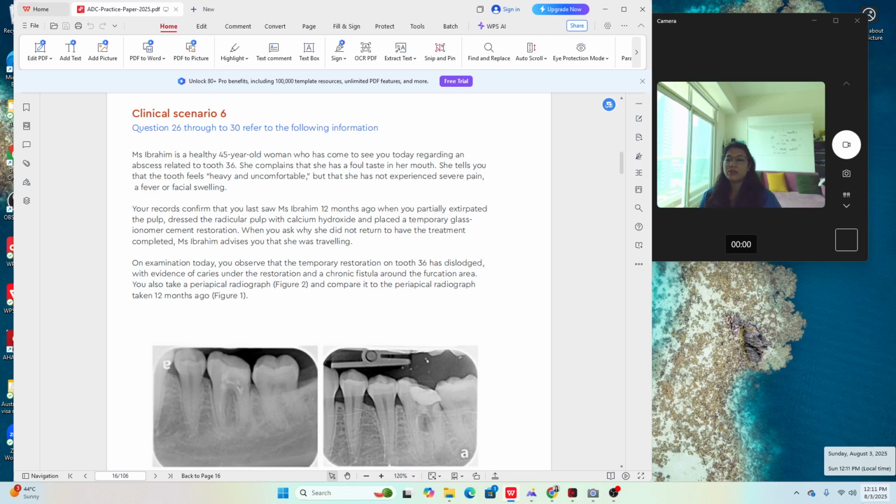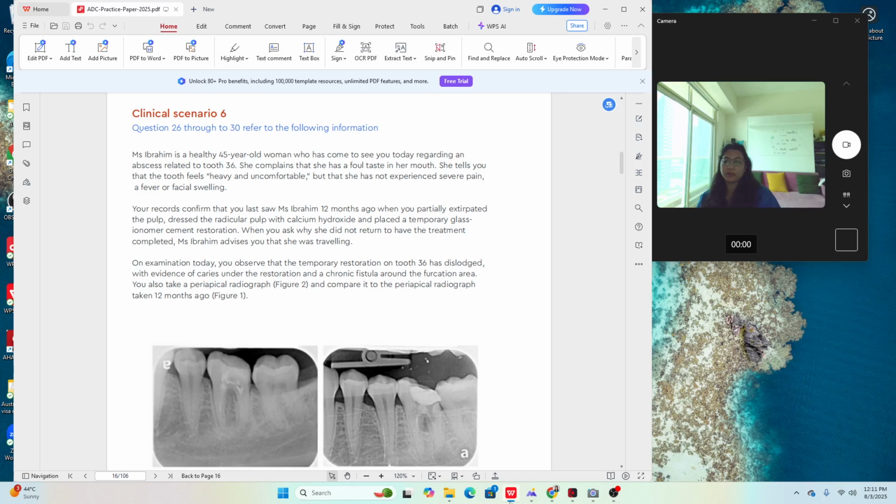Now, on examination today, you observed that the temporary restoration on tooth 36 has dislodged, with evidence of caries under the restoration and a chronic fistula around the periapical area. You also take a periapical radiograph and compare it to the periapical radiograph taken 12 months ago.